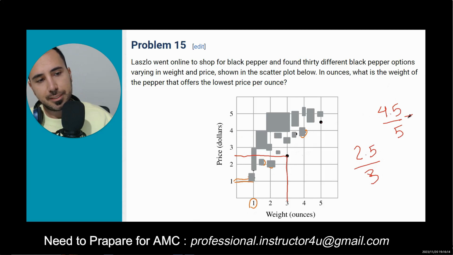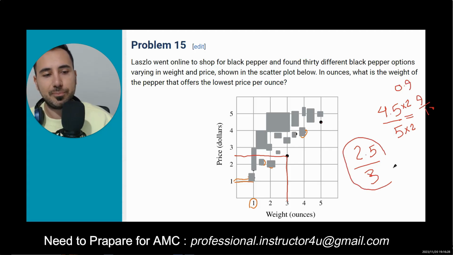So this one, if you turn it into decimals, you could just multiply both of them by 2. Then it would become 9/10. So it's going to be 0.9, this one. But this one is actually cheaper. This is like 0.8 something, okay?